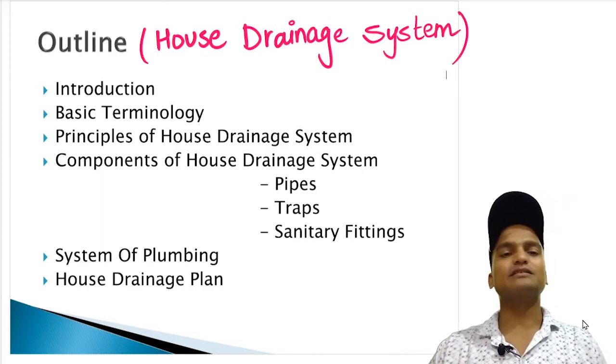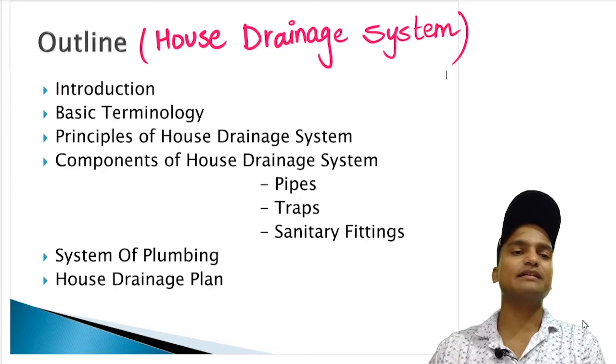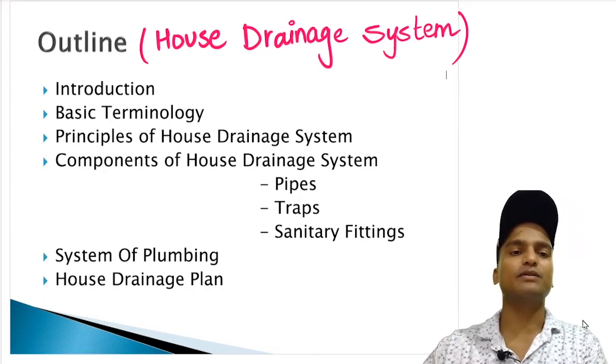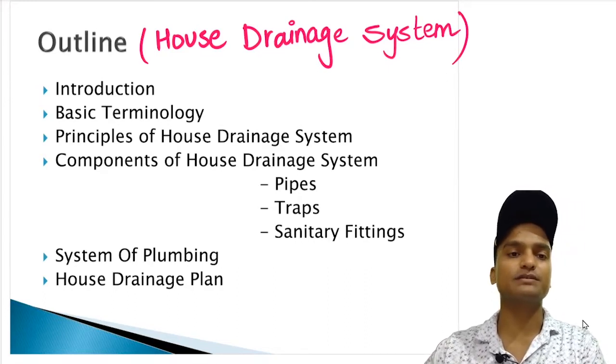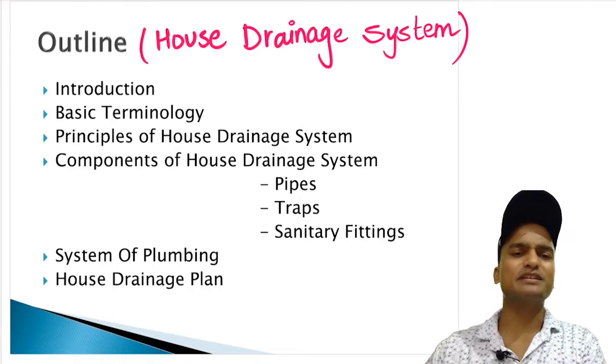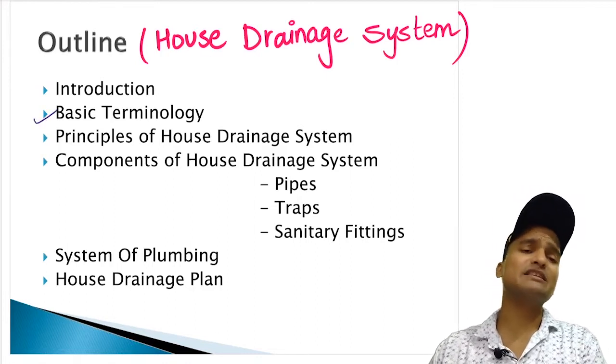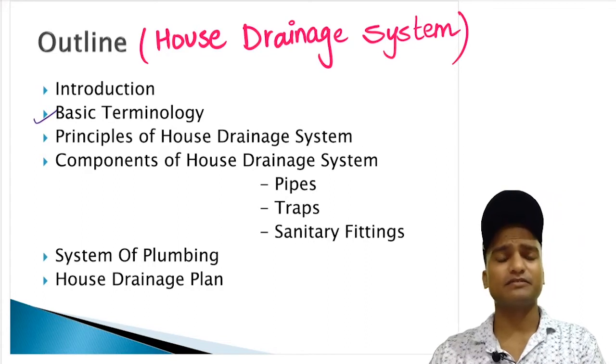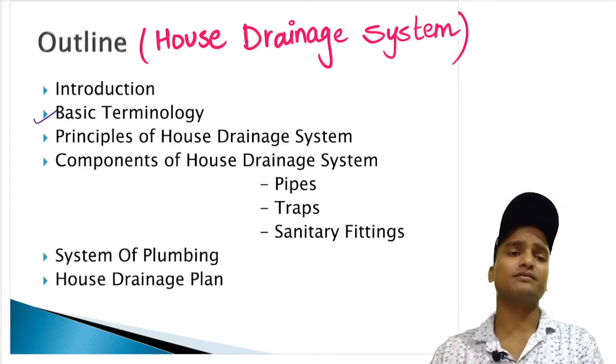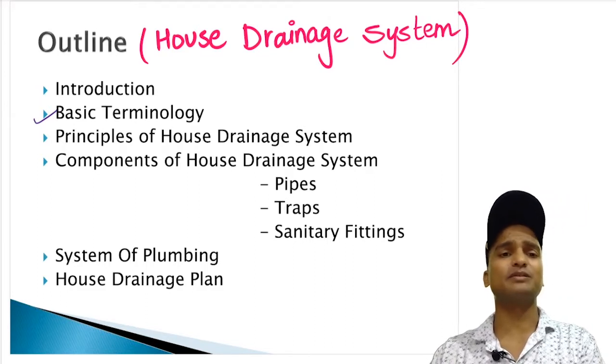So in this class we are going to understand different topics, starting from the introduction to the house drainage system, and then some basic terminology for that, and principles of house drainage system, why we go for it, what is the need for that. And after understanding the principles, we will also understand what are the components.